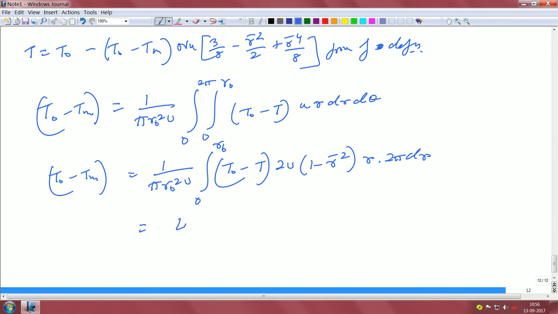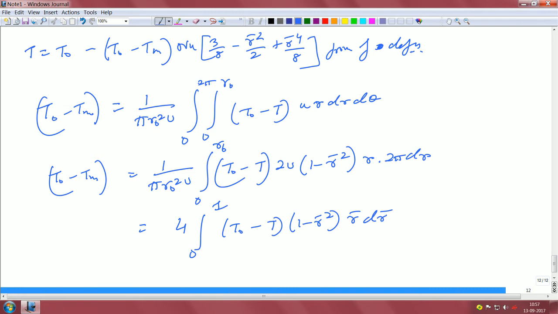So this will give you 4 into the integral from 0 to 1 of T naught minus T, 1 minus r bar square, r bar dr bar. That is the expression that you will get.